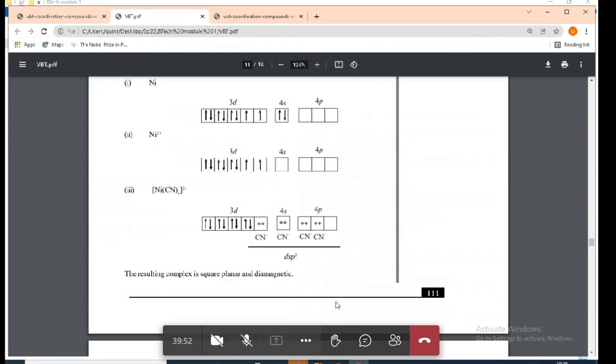Similarly, you can have platinum. In platinum, say in the chloride complex of platinum with chloride, you have the 5dx²-y² orbital. It combines with the 6s, 6px and 6py orbitals to give you dsp2 hybridization.